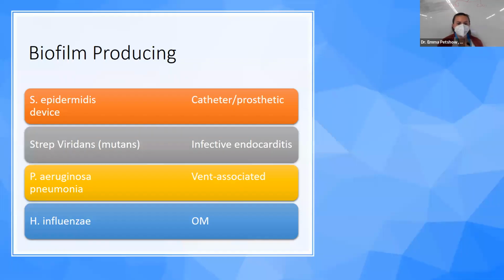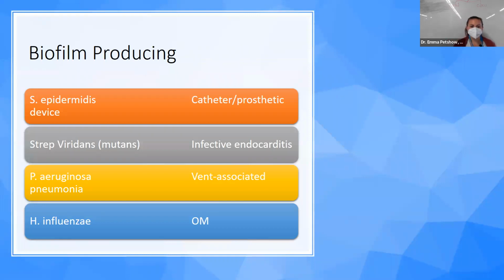Biofilm producing, we love talking about biofilms because it's stuff that's just tricky to treat, but we can do it. So biofilm producing, you have 2 strep varieties, a staph, a Pseudomonas, and an H. flu. So staph epidermidis, strep viridans or mutans, Pseudomonas aeruginosa, and Haemophilus influenzae.